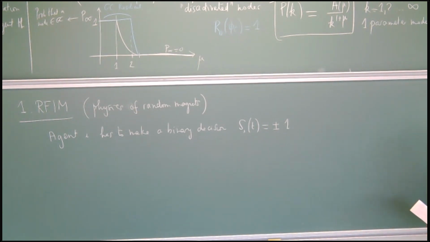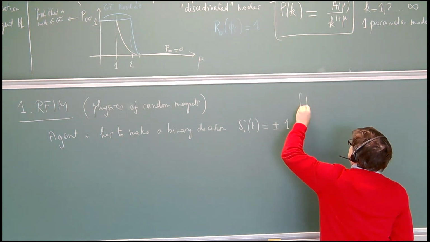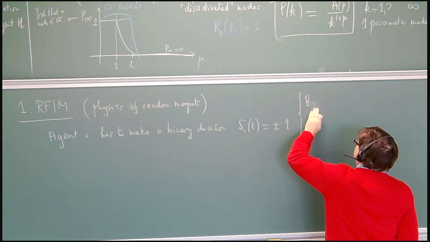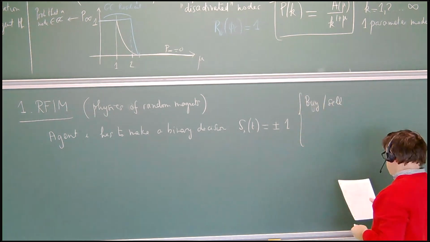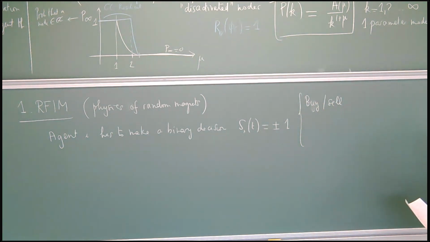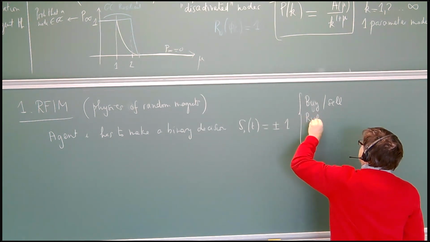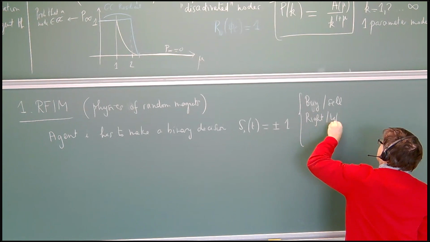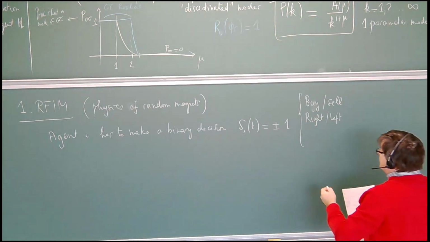And this binary decision, as I said, can be many things. It can be buy or sell the stock market. It can be vote right or vote left. It can be buying a cell phone.